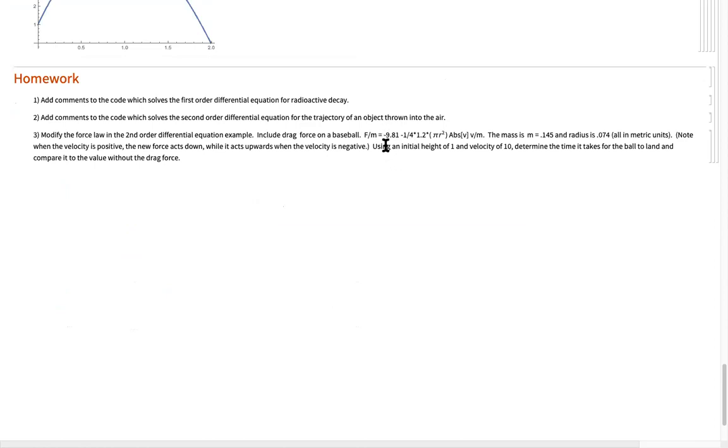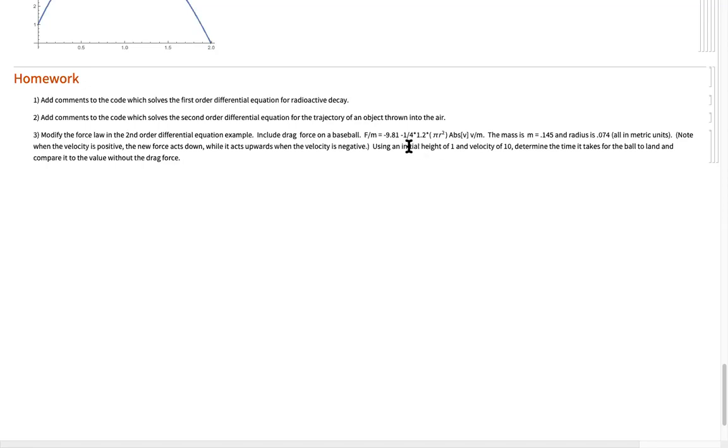So here's the original negative 9.81 that should be in your lowercase g function. And then you have to add to it this: minus 1/4 times 1.2 times pi r squared times the absolute value of velocity times velocity, divided by mass.